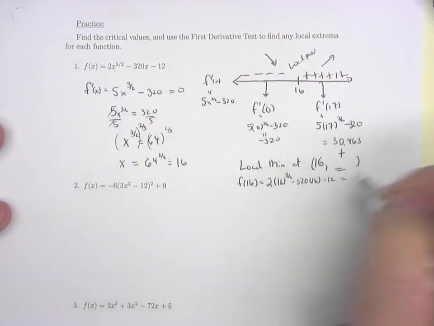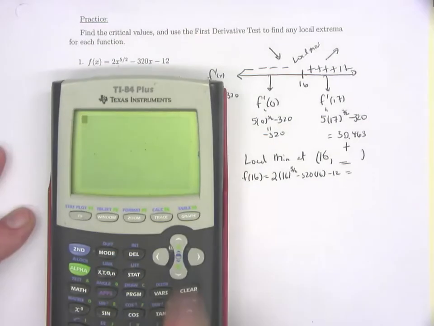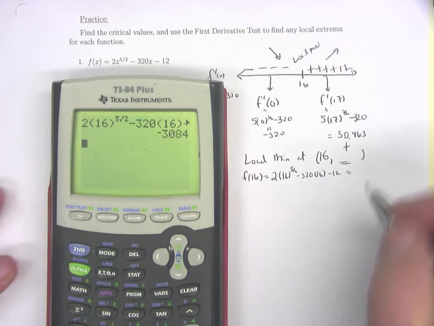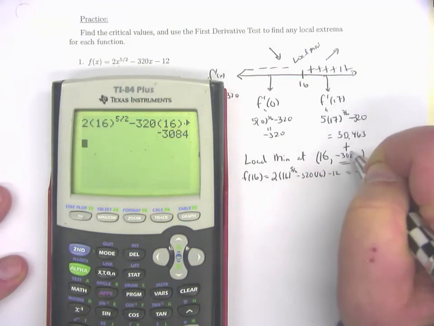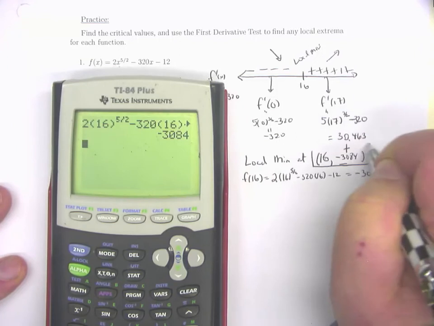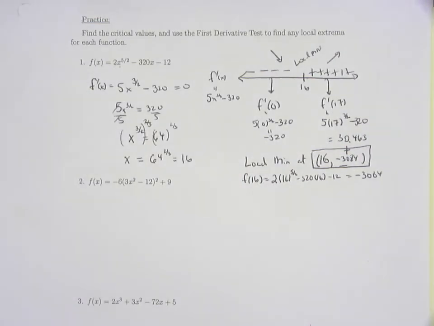And when I put that on the calculator, just to show you that I can, I get negative 3,084. This is your local minimum point. 16 comma negative 3,084. Does that make sense?